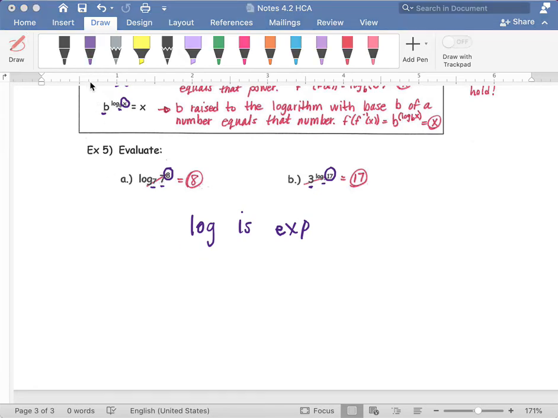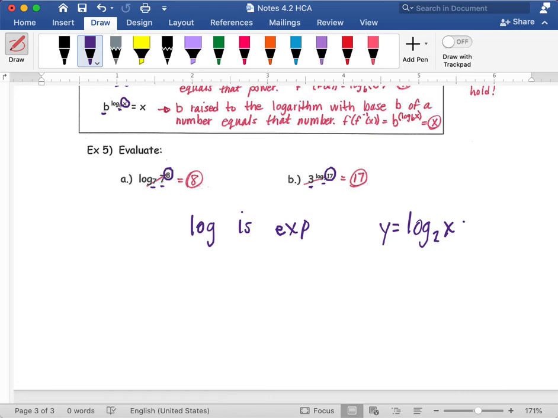So for these graphs, if you instead choose the y's to get the x's, it's going to work. Or if you are asked to graph y equals log base 2 of x, convert this to exponential form.